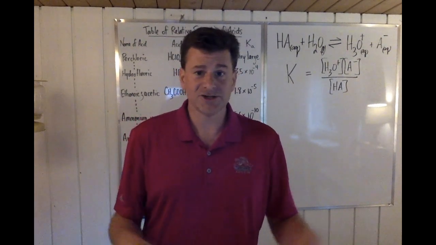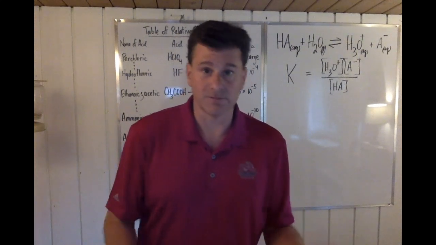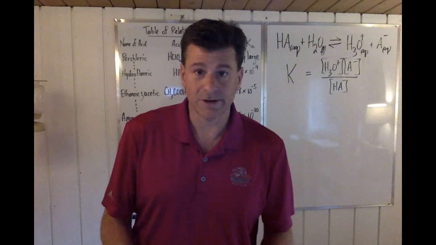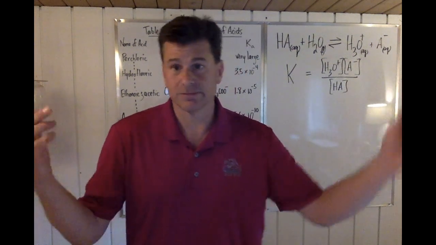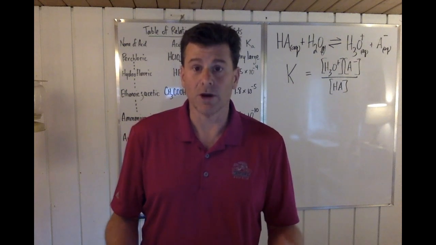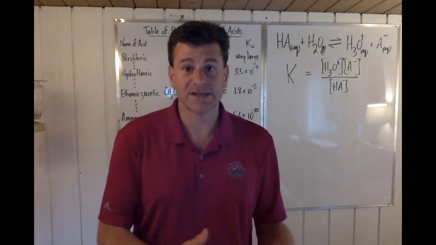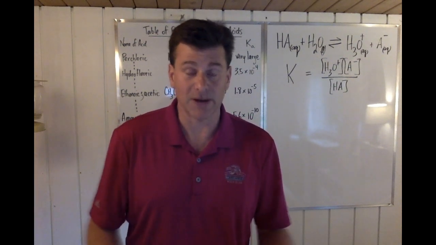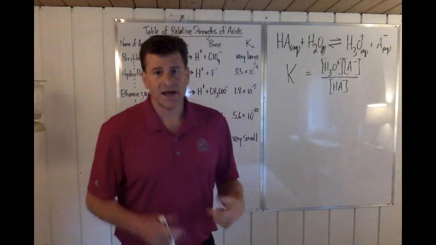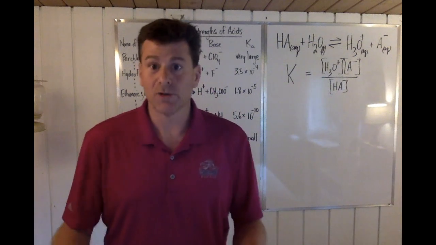So as long as the conditions are the same, you can be sitting here in North Vancouver, or in Orlando, Florida, or in Cairo, Egypt. It doesn't matter where you are. 25 degrees Celsius water with this acid, it's going to come to the same ratio no matter what. Now, because this is specifically for a weak acid, again, it's like Ksp and Kw.